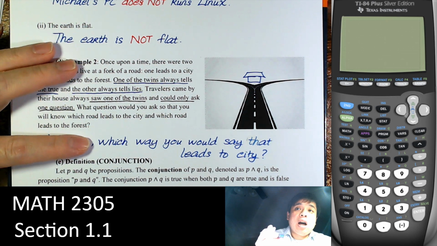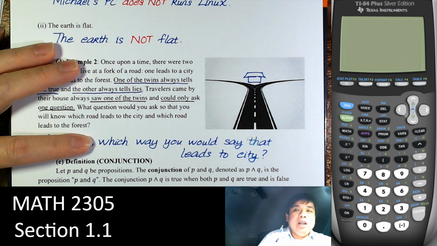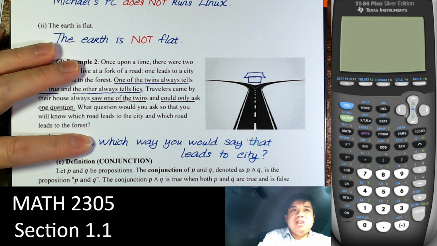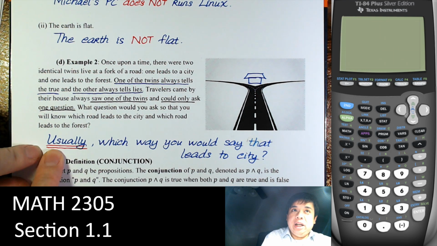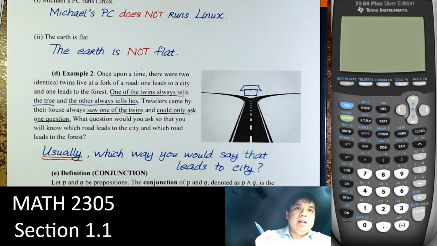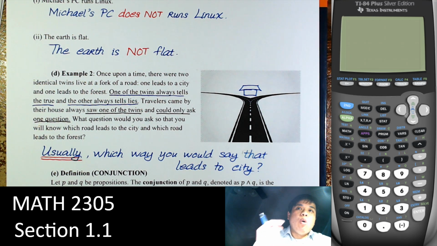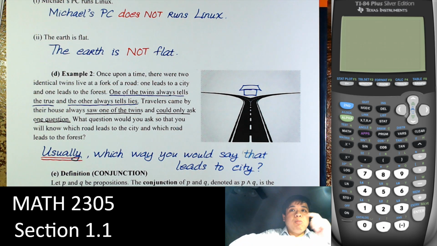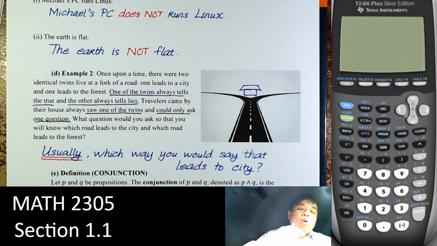The person who tells lies usually will point in the wrong direction. But because we add the word usually, he has to point opposite to what he's always doing. So usually he points in the wrong direction, but because he tells lies, he has to do the opposite. He has to point in the opposite direction of the wrong direction.